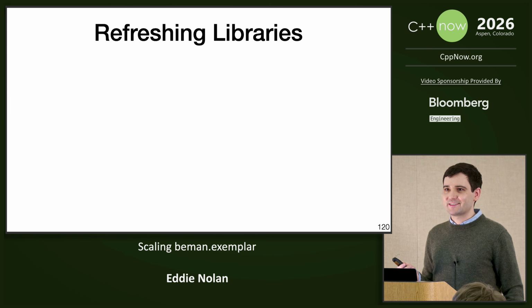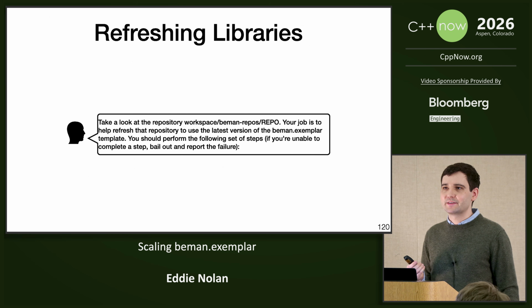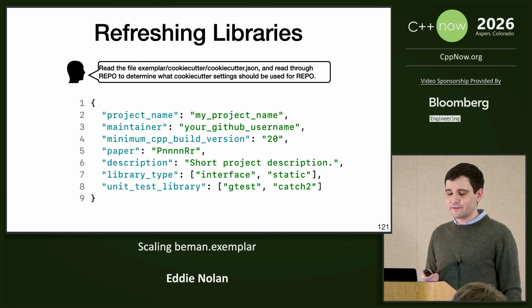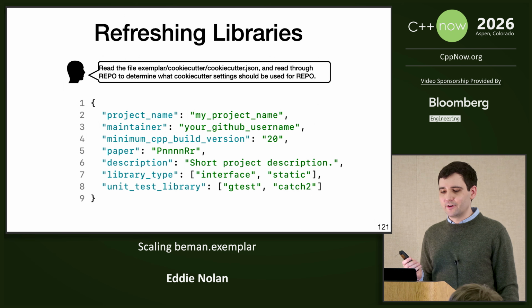Again, this is something that is in the wheelhouse of AI. I had a prompt that was just saying, look at the repository and follow this exact series of steps, which is the same thing that I would tell a contributor if I was telling them how to do this. Look at the configuration file for cookiecutter and figure out what all of these parameters are, read through the code.